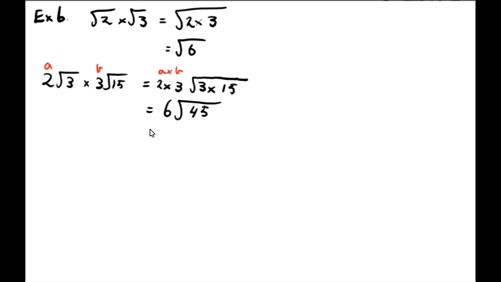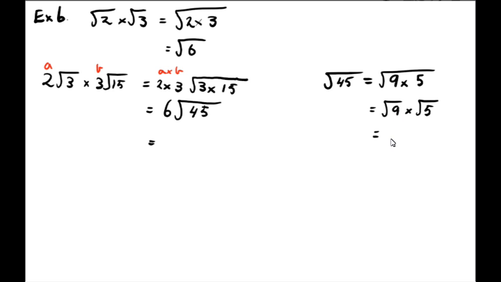Now, 45 is quite a large number. I can probably simplify that a little bit. 45 is the same as 9 times 5, 9 being a perfect square. Square root 9, square root 5, we get 3 root 5.